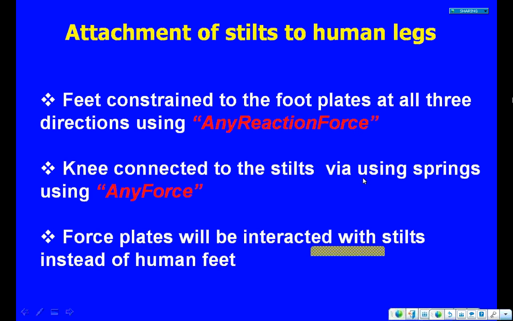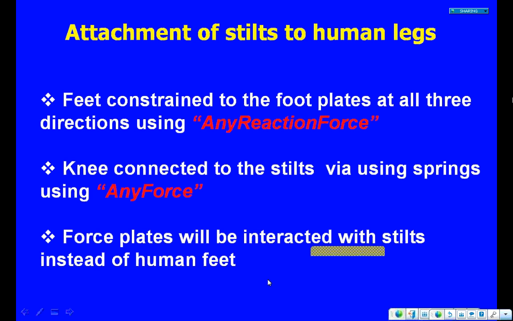I will show you how they are connected later. One key point is that in the normal locomotion model, the force plates interact with the foot. But in stilt work, the force plate interacts with the stilts. So you have to change some markers.